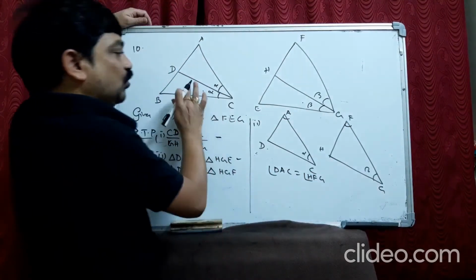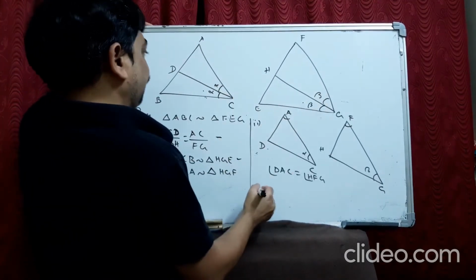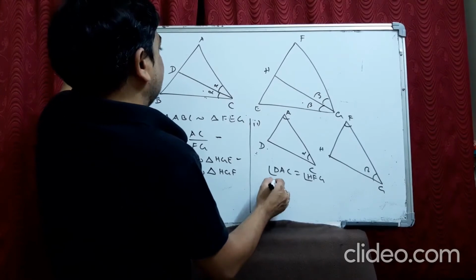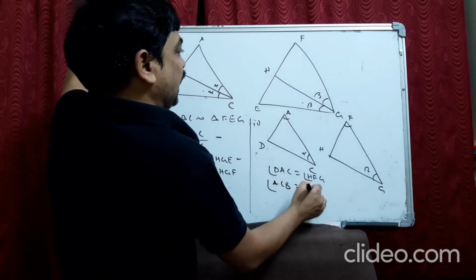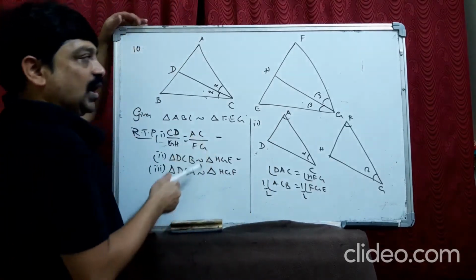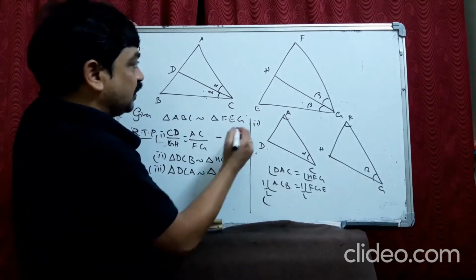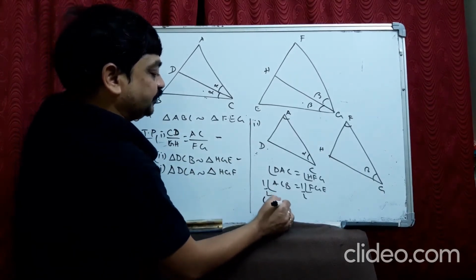Why? Because both the triangles are similar. Now, these two angles are also same now. From given condition, ACB is equal to angle FGE. When I take half also, it should be same. Why half? Because this is the bisector and this half is nothing but angle ACD.